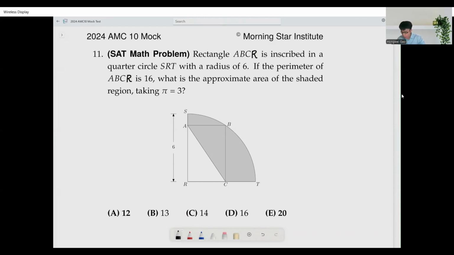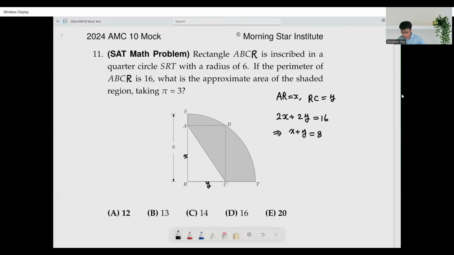So here notice that the perimeter of ABCR is twice its length plus twice its width. Let me just call the length AR to be X, the width RC to be Y. We have 2 times X plus 2 times Y is the perimeter, which implies X plus Y equals 8.